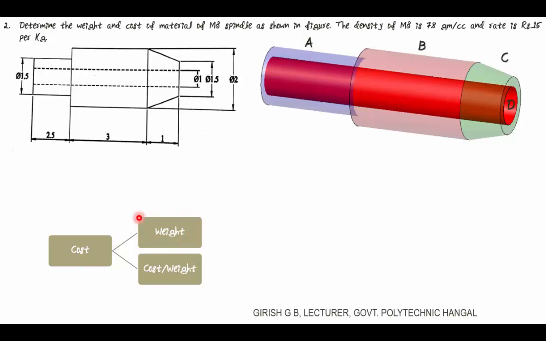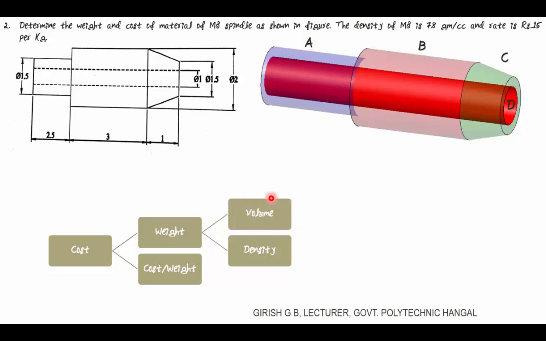The weight of this MS spindle is the product of volume and density. Density is given as 7.8 gram per cc. Hence we need to calculate volume. If we calculate volume, we are going to obtain the weight. Then multiplying it with the cost per unit weight, we are going to obtain the cost of the MS spindle.